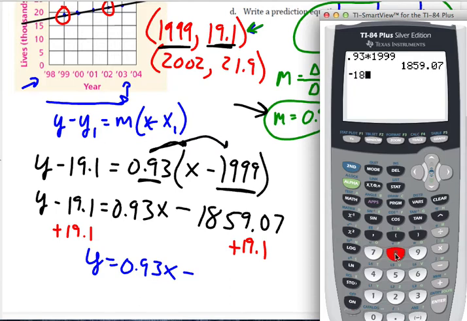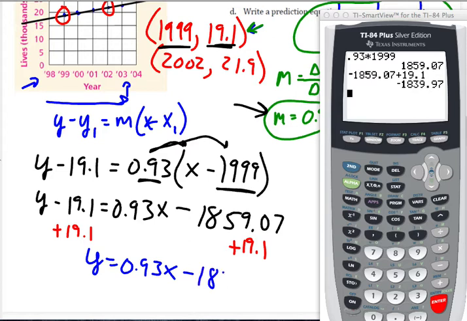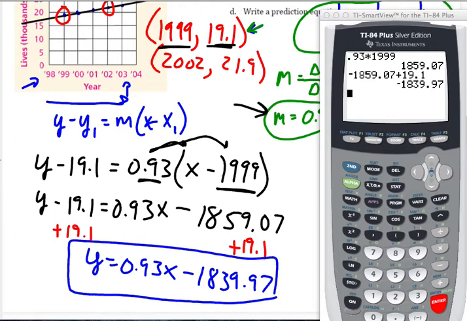Negative 1859.07 plus 19.1. So we end up with negative 1839.97. And that is our prediction equation.